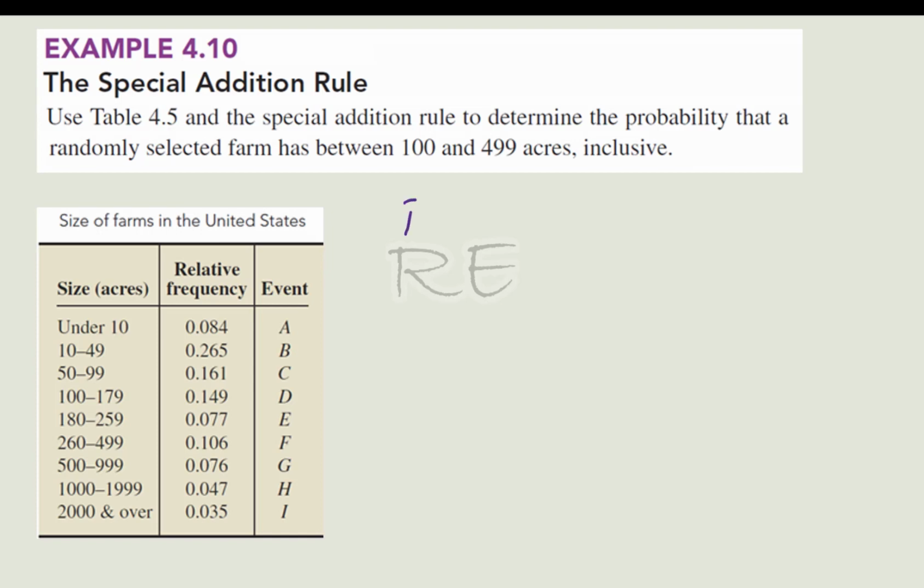Now, what we're looking for is the probability that X is between 100 and 499, inclusive. What does that mean? It means that we have to take this part of the table. It's the probability of D or E or F. And that's how we call those events.